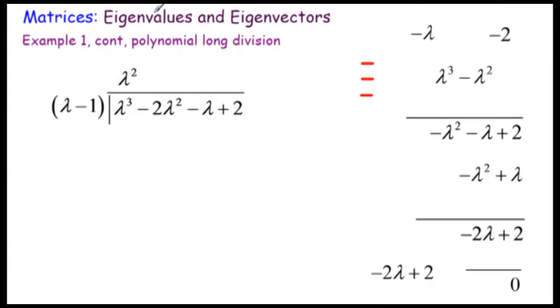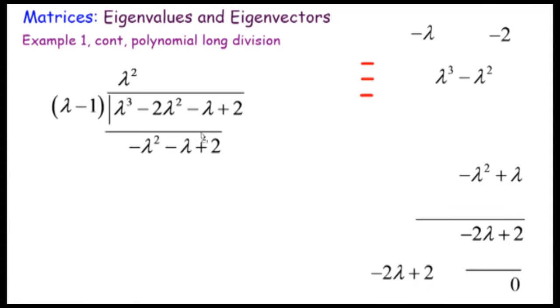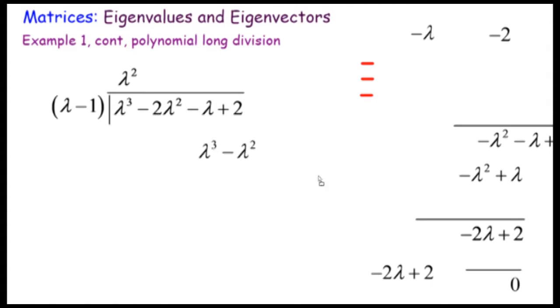Here we are. So we have lambda squared times lambda is lambda cubed, lambda squared times -1 is minus lambda squared.